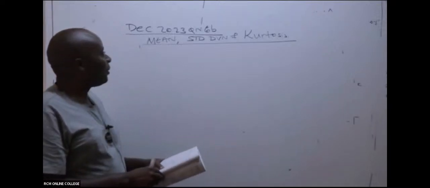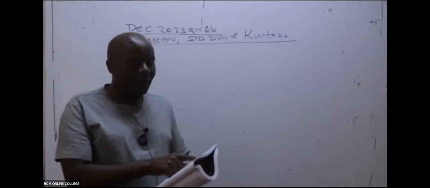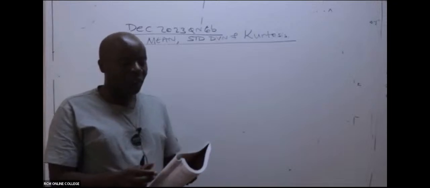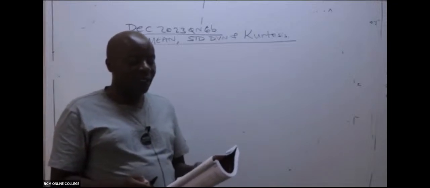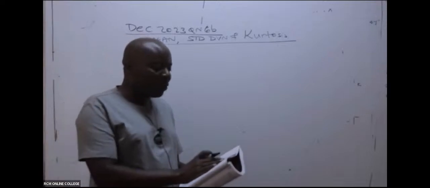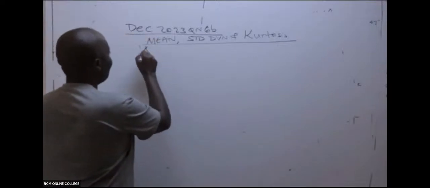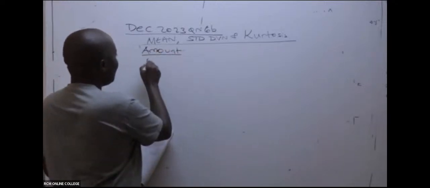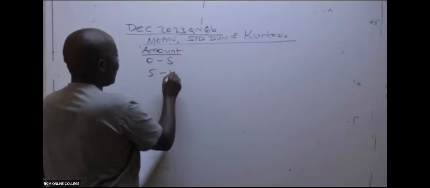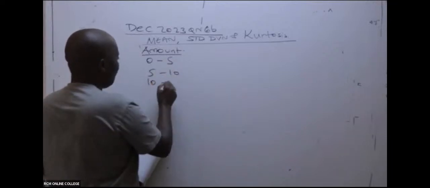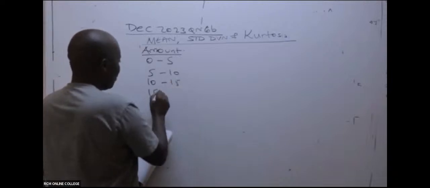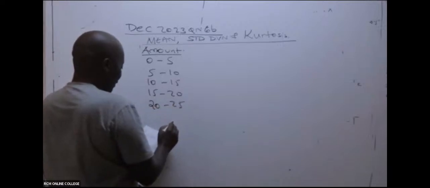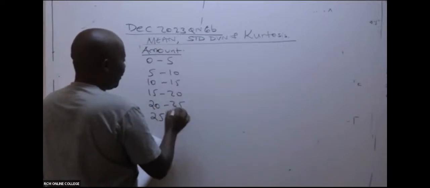They're telling us in December 2023, question number 6B, the amount of money spent on purchases by the first 50 customers at a large department store is summarized in the following table. I can see amount spent: 0 to 5, 5 to 10, 10 to 15, 15 to 20, 20 to 25, 25 to 30.